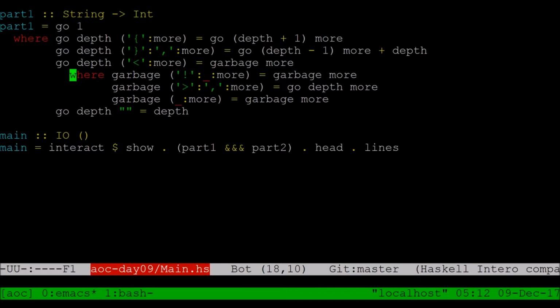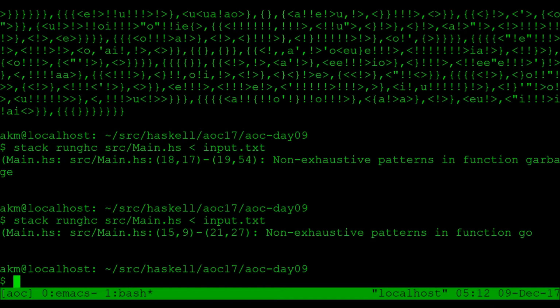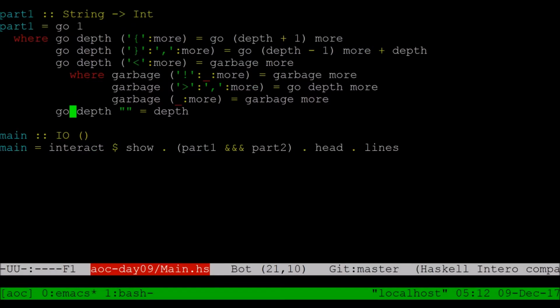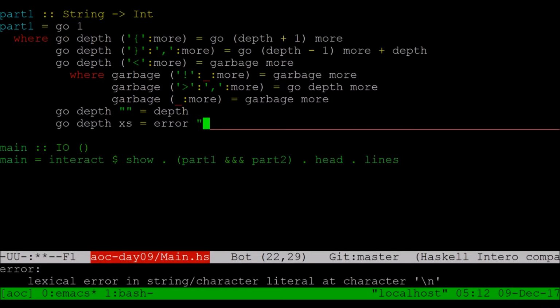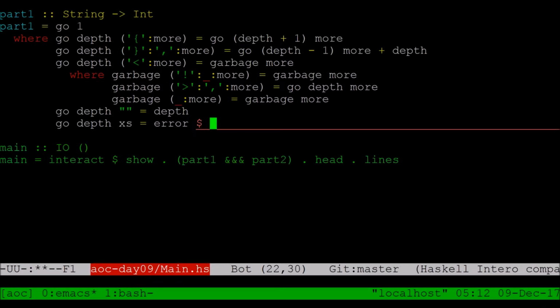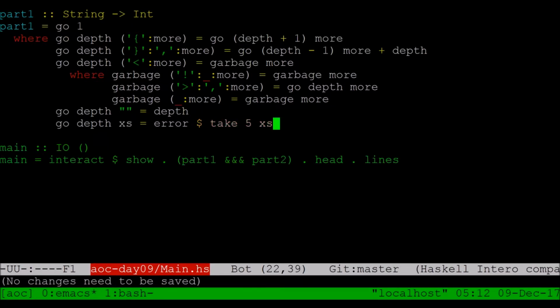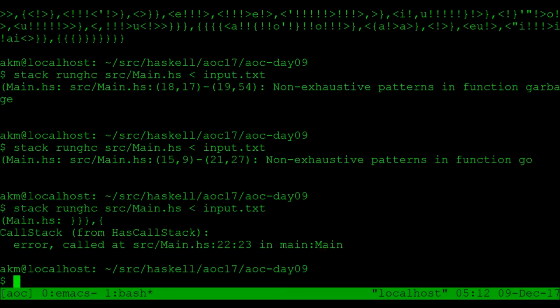But so we were running into non-exhaustive patterns at line 15, 15 to 21. Sure. So what is the problematic input that we're getting?